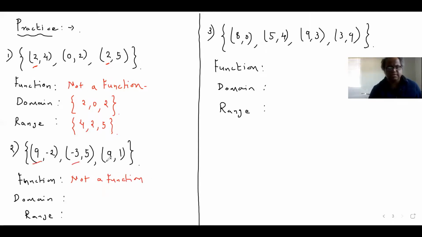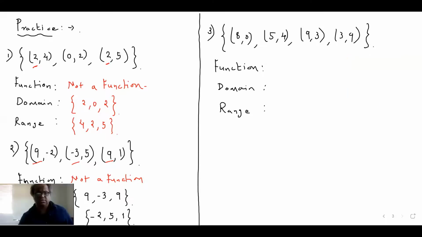Why? Because of this. Then you have a domain which is 9, minus 3, 9, and range is minus 2, 5, 1.